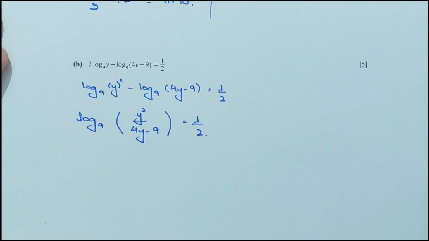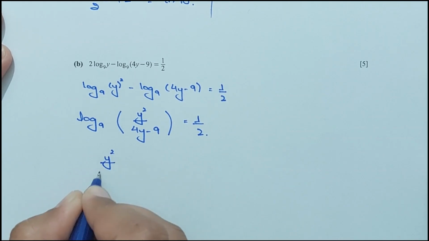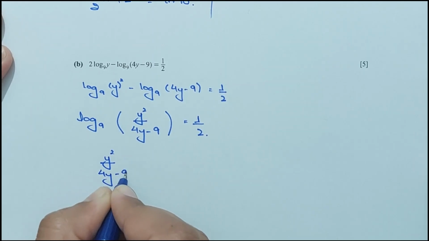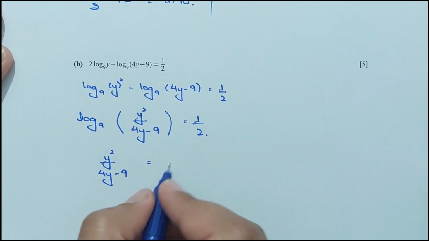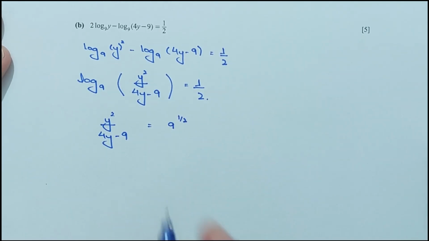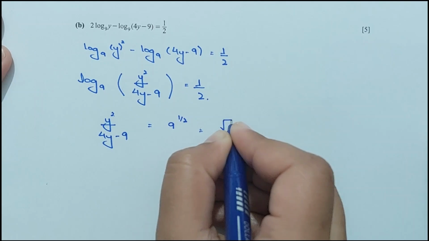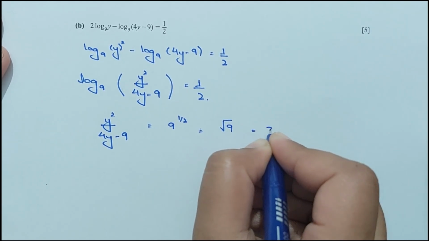Now converting the logarithmic to exponential, we have y square over 4y minus 9 equals 9 to the power half. So this is square root of 9, which equals 3.